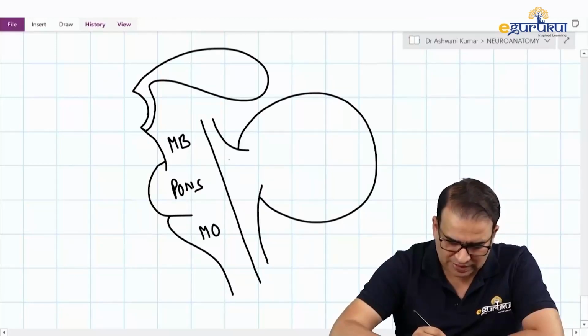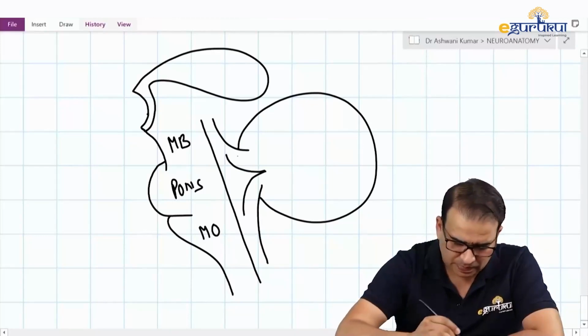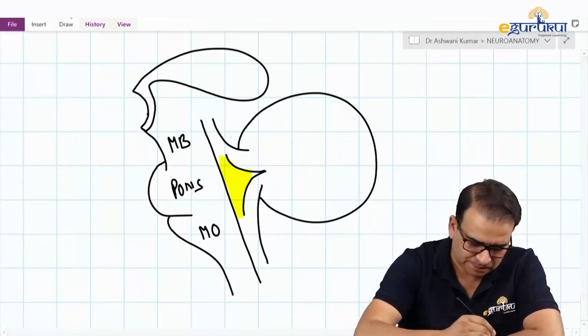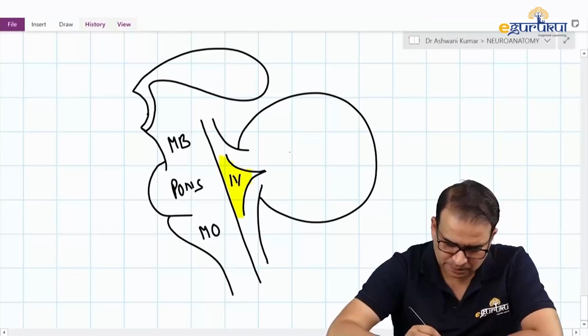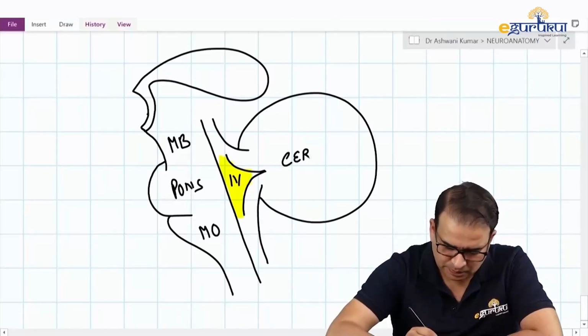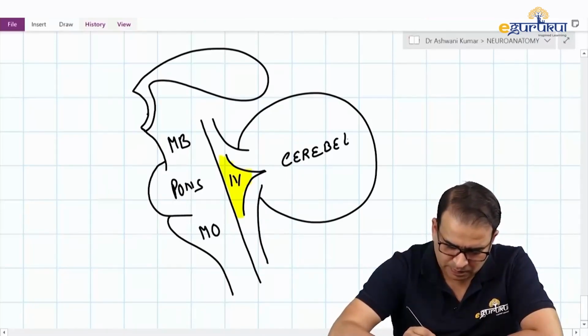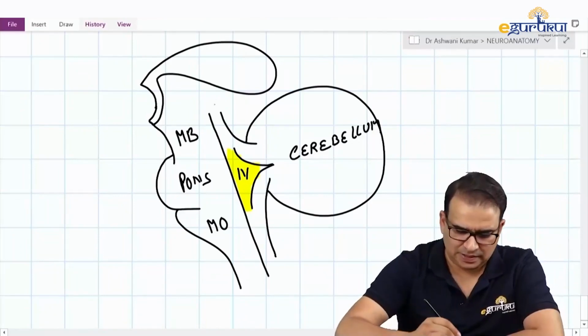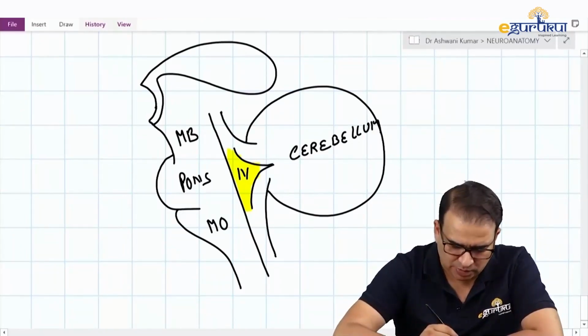And of course, the ventricle that we have inside here, between the pons and cerebellum, is the 4th ventricle. So that's the overall sagittal section we're talking about.